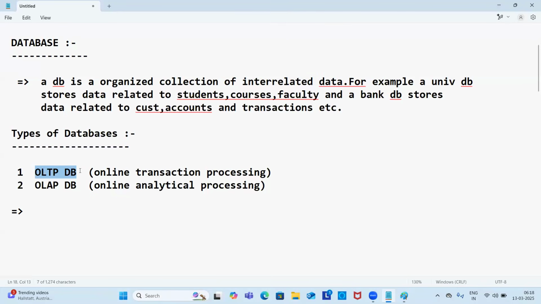You go to the bank, you do money withdrawal, money deposits, money transfer. All the details are stored in this database. You go to Amazon, you place an order to buy a product. The details are stored in OLTP. So this is for storing the day-to-day transactions.